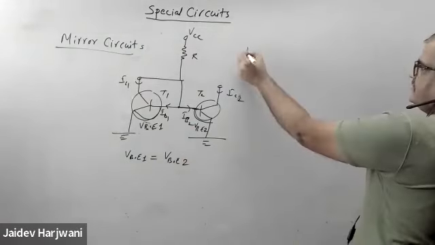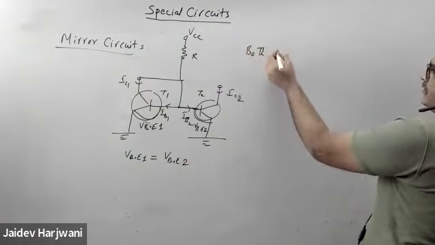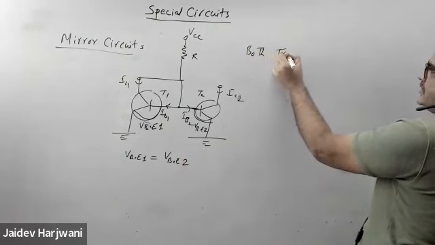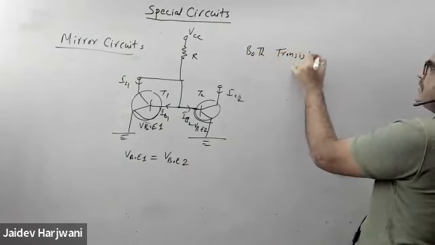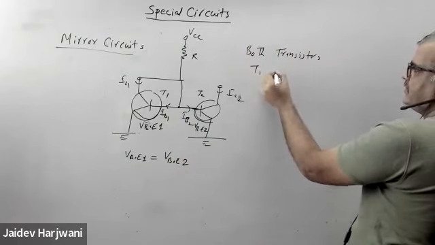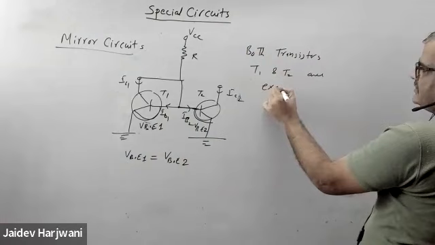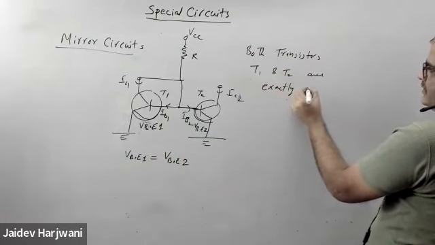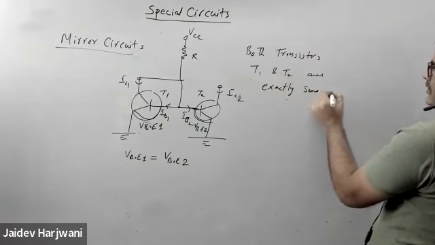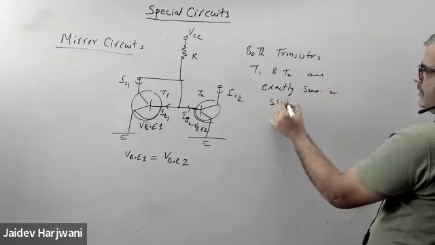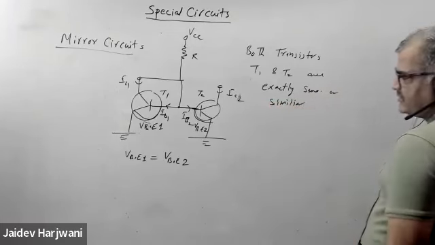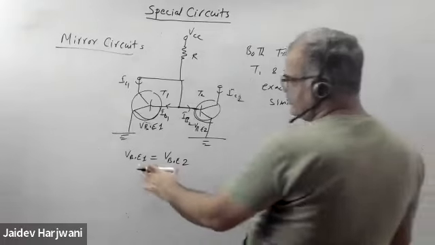So both transistors are similar. Transistors T1 and T2 are exactly the same or similar. Okay. Once you call them similar, their voltage drop will be the same.